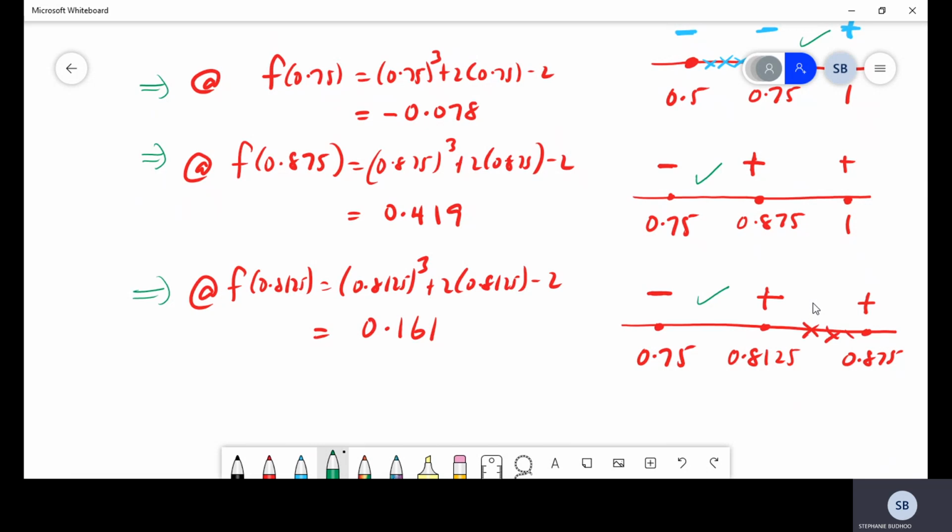Now, we can keep doing this over and over as we try our best to find the root. But how do we know exactly when to stop?